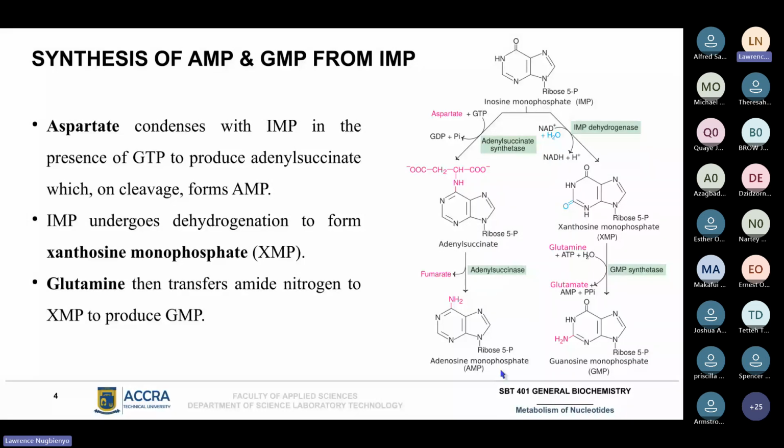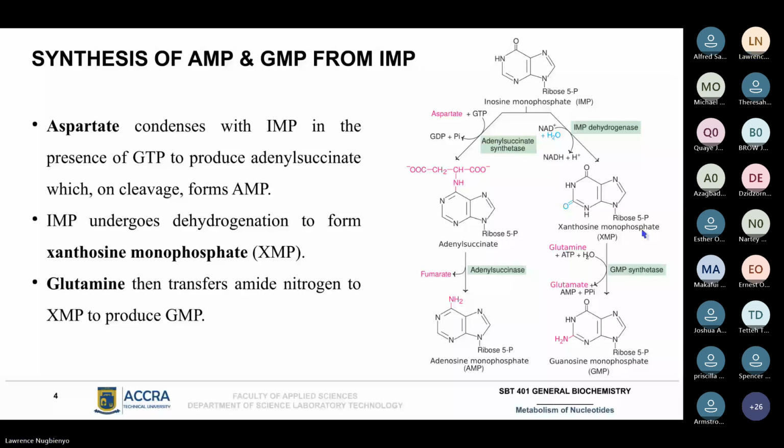Now, the second path of inosine monophosphate first has some oxidation reaction with the participation of water. And you see that is bonded onto that 6-sided ring to give you xanthosine monophosphate.